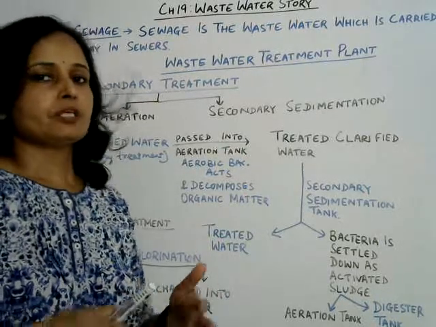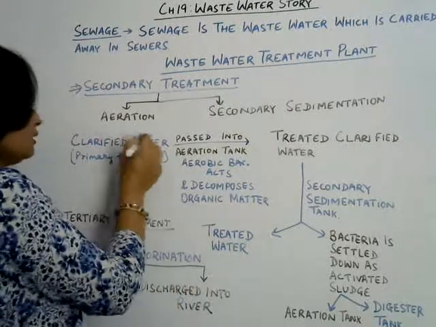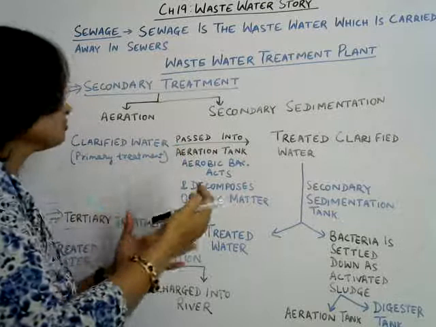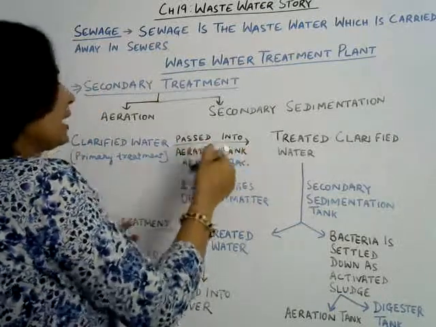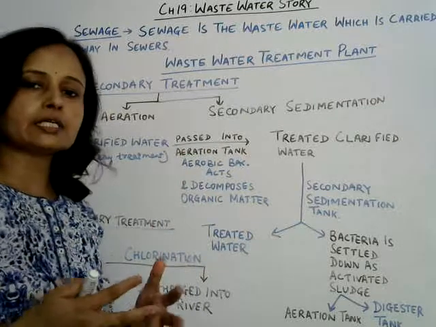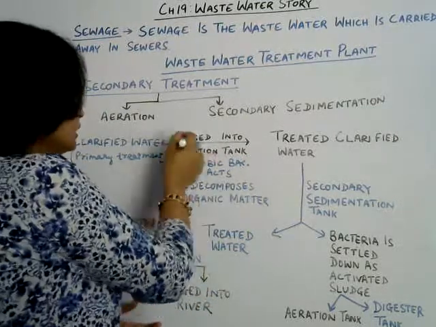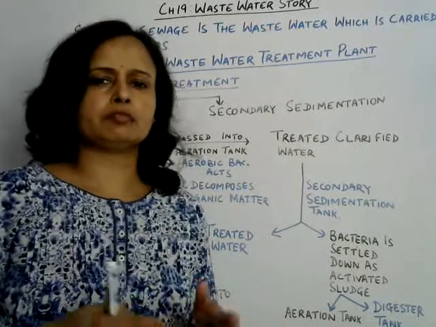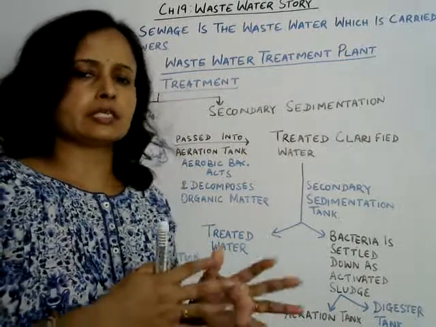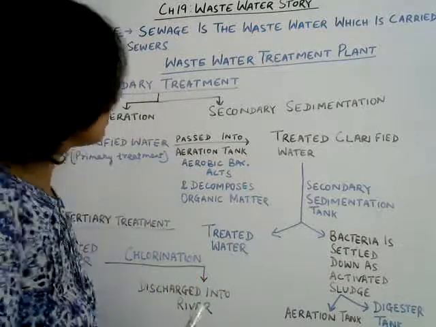So the clarified water that we obtained from the primary treatment is passed into an aeration tank. In that tank, aerobic bacteria act on the clarified water and decompose the organic matter. Whatever organic matter is left in the clarified water is treated by the aerobic bacteria.